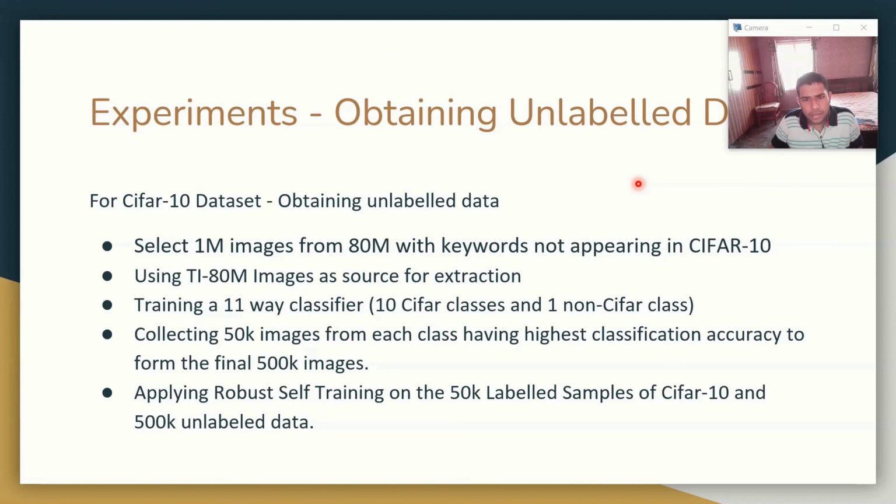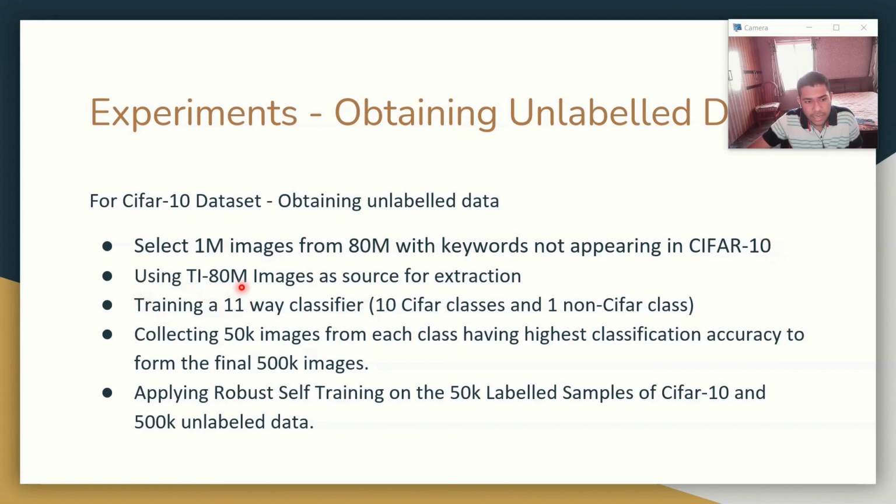Experiments: the first one is how we obtain unlabeled data. We discussed the datasets used in this paper earlier, in which CIFAR10 is used as the labeled dataset and Tiny 80 million images dataset is the source for the unlabeled data. We select 1 million images from the 80 million with keywords not appearing in CIFAR10, because we don't want it to clash.